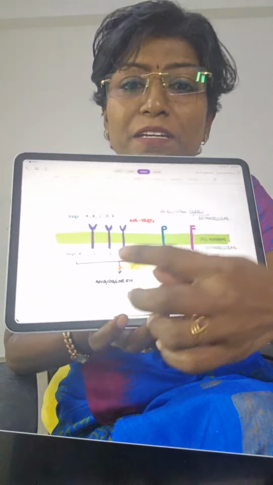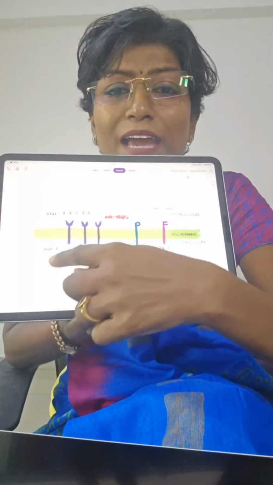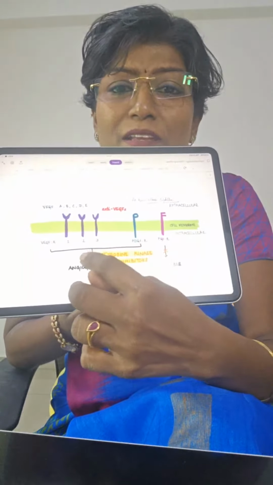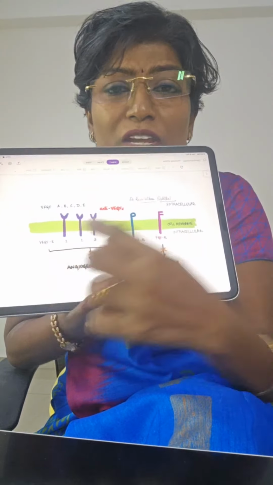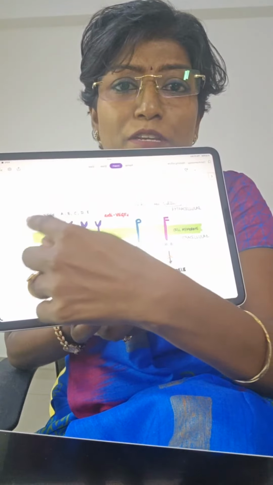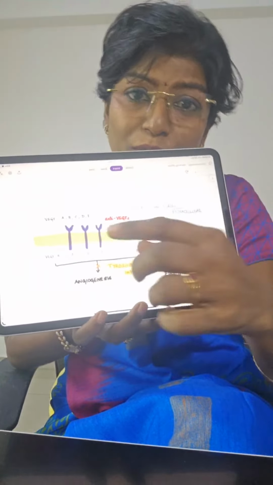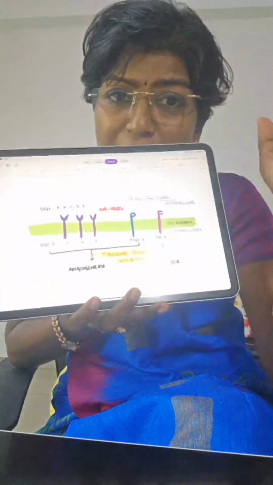I'll just make it a little simple for you. We have these VEGF receptors. We have 3 types of VEGF receptors: VEGF R1, 2, 3, and 5 types of ligands. The 5 types of VEGF are A, B, C, D, E, right?